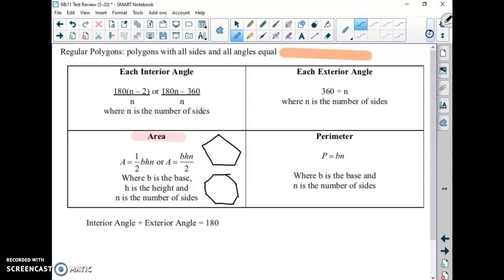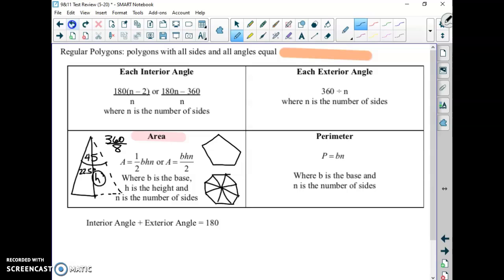So we're going to be testing you on that. And what you can do is you can always make a right triangle out of that isosceles triangle. And for an octagon, there'd be 8 of these, one to each vertex. I can find this angle by doing 360 divided by 8, which would be 45. And then I can divide that in half, 22.5 degrees. You got to know how to use tangent, sine, cosine, whatever, to figure out what your height is.